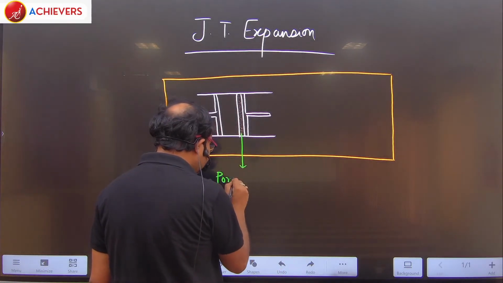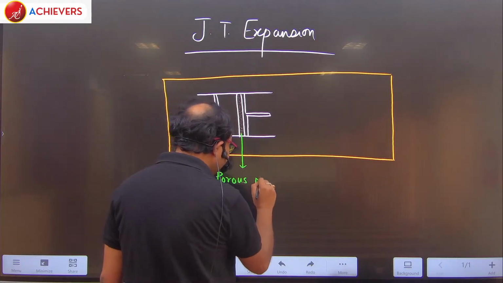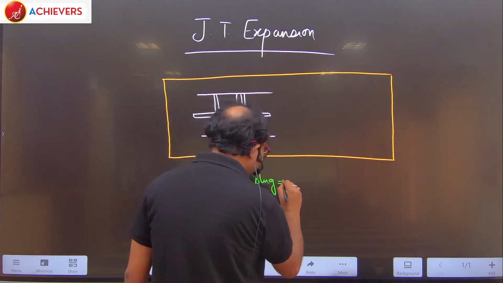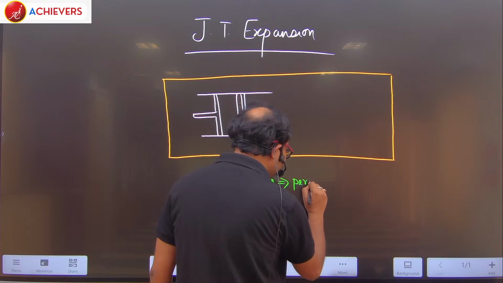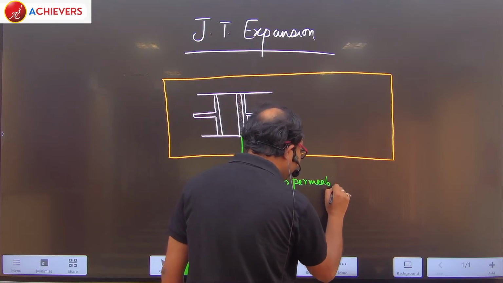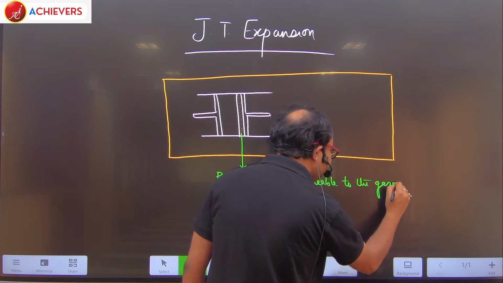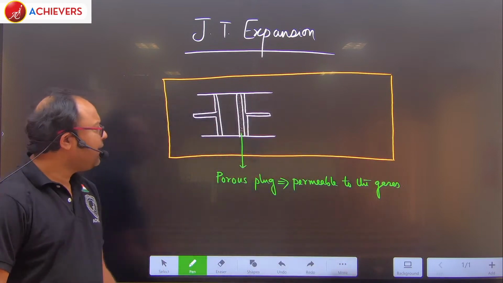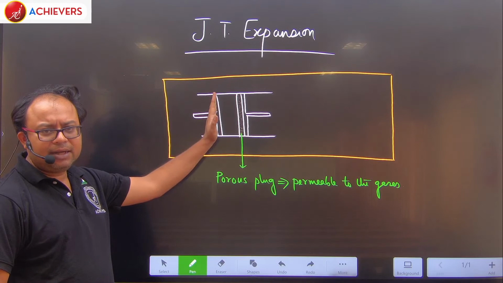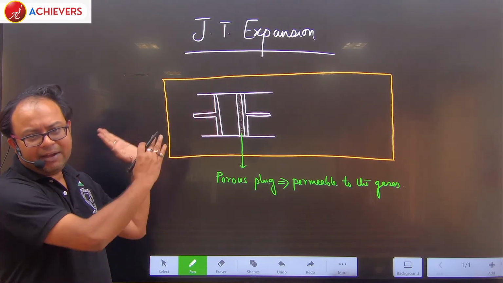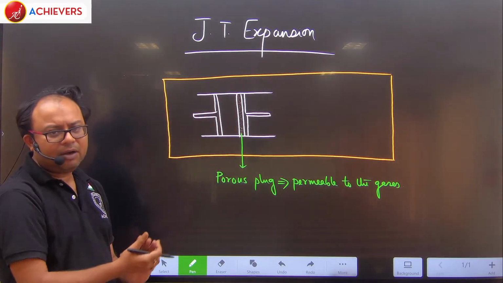This is a porous plug which is permeable to the gases. Fine. And you have got a piston both in the left hand part and the right hand part of the porous plug.